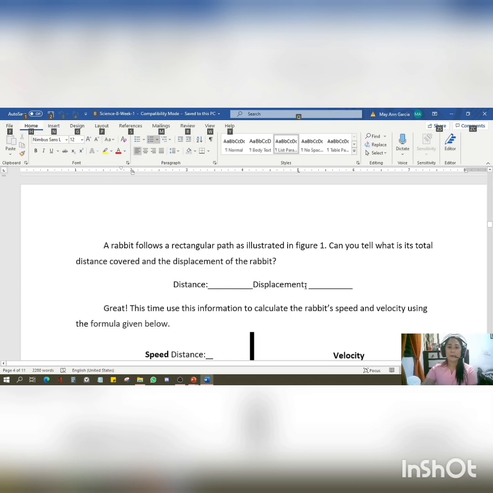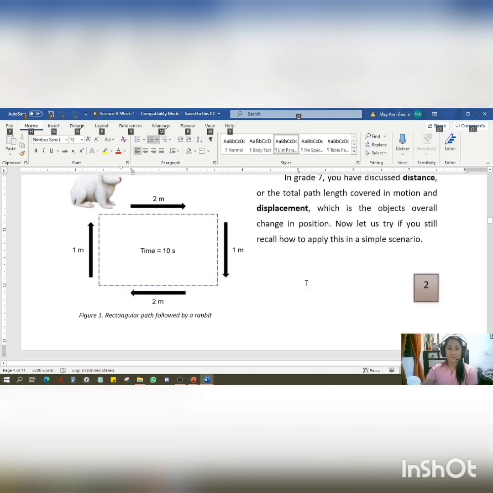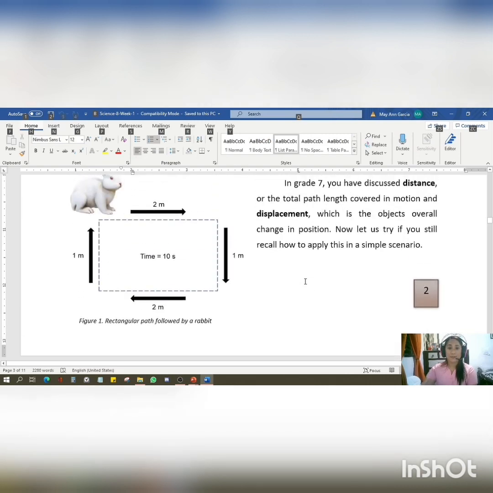While the displacement is what? Nagkaroon ba ng change ng direction yung rabbit? Pumunta siya ng east. Pumunta siya ng south. And then nag-west. And then tumaas ulit. So, bumalik siya sa kanyang dating position.